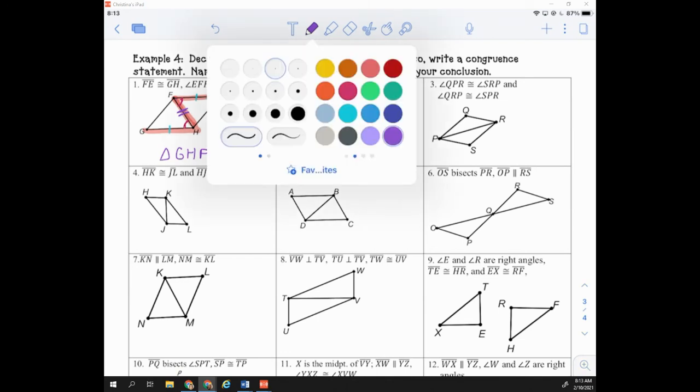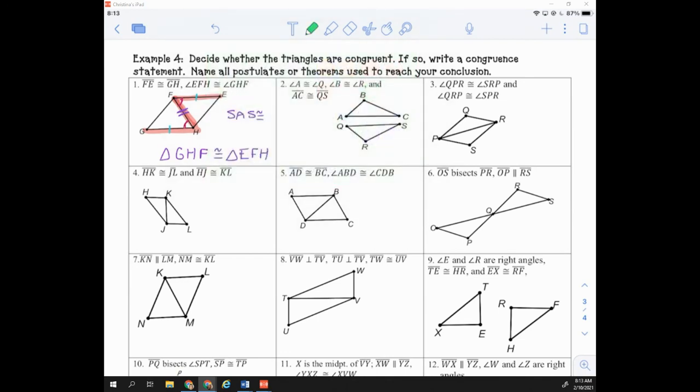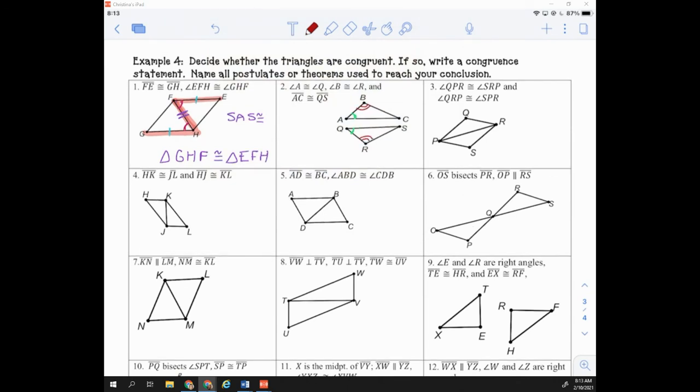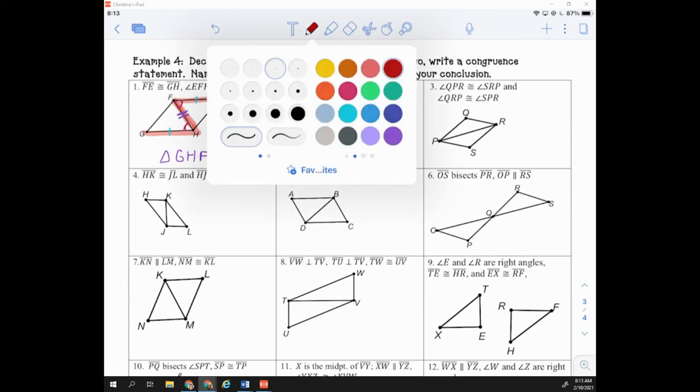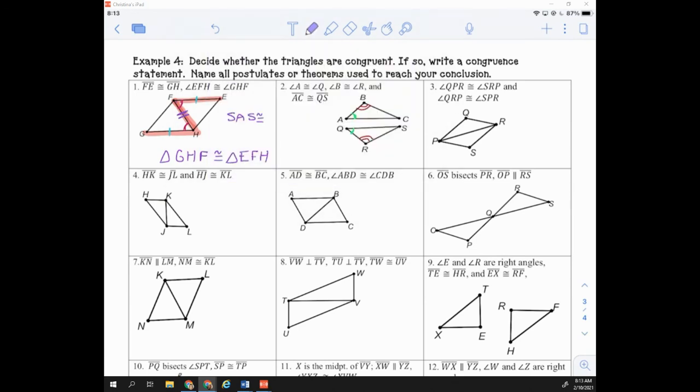Okay, so for the next problem, we're told that angle A is congruent to angle Q, angle B is congruent to angle R, and AC is congruent to QS.